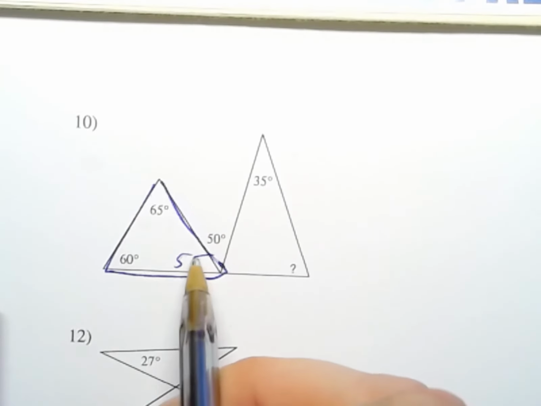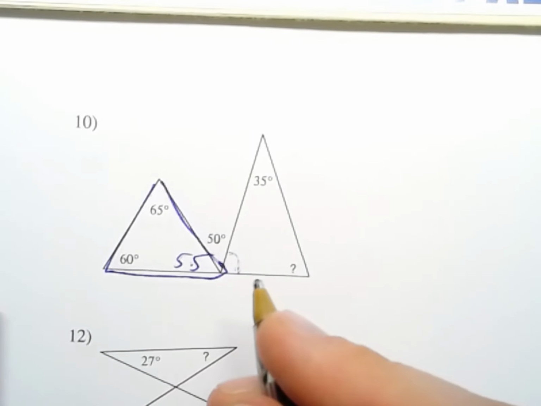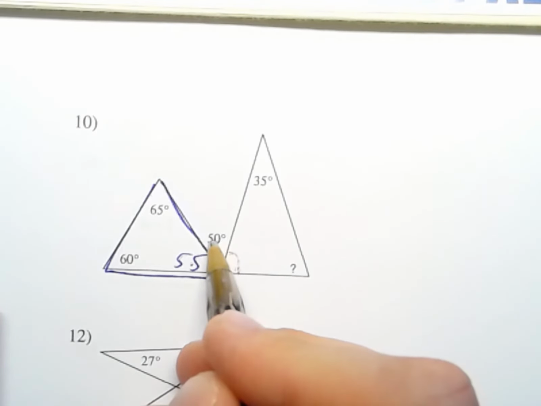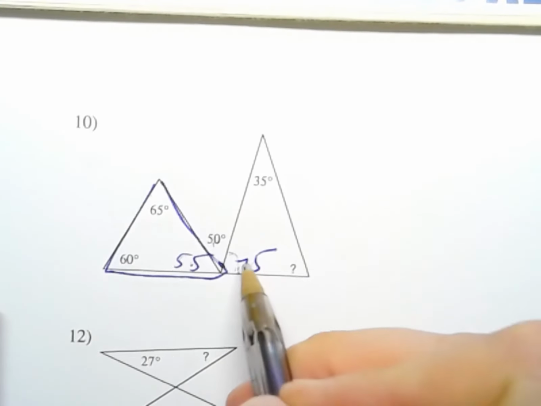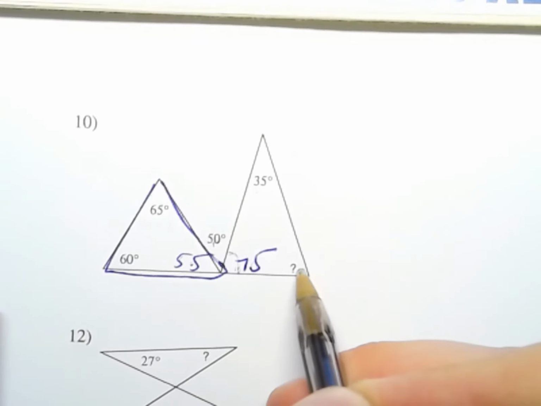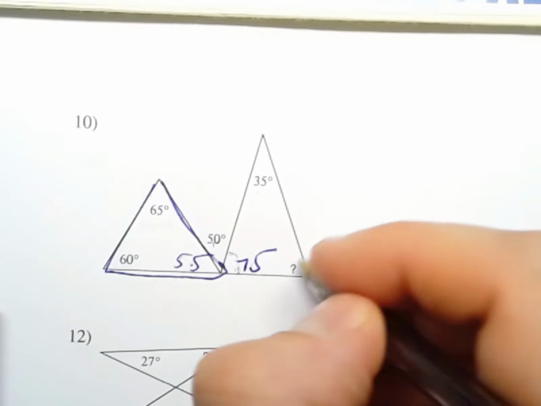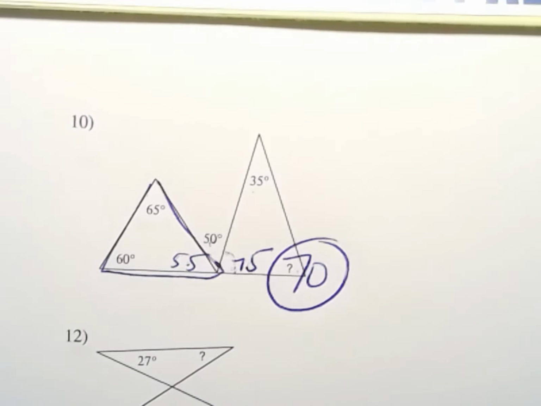But then if all three of these, 1, 2, 3, are supplementary, then 180 minus the 55 minus the 50 is going to give me 75 for that one. And then 75 plus 35, well, this is going to be the supplement of those two because we have to add up to 180. So 180 minus the 75 minus the 35 gives me 70 for that corner one, 70.